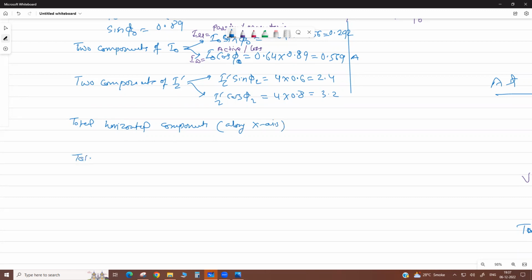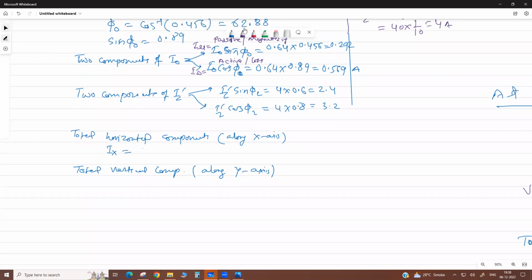And total vertical means the component that is along y-axis. Okay, so this is Ix equals to, means the sine term.